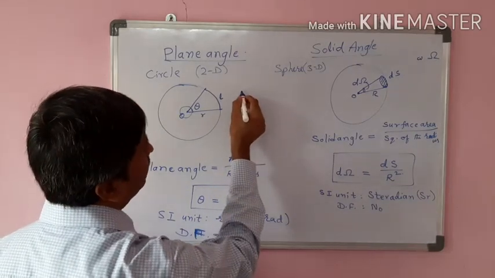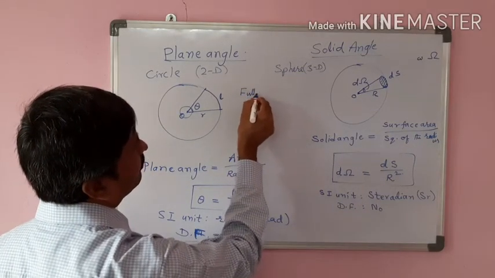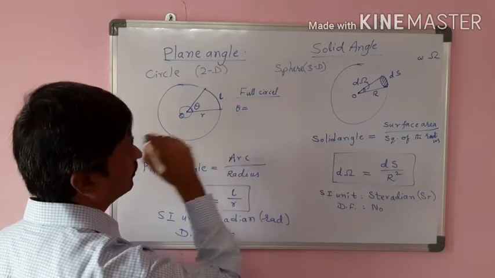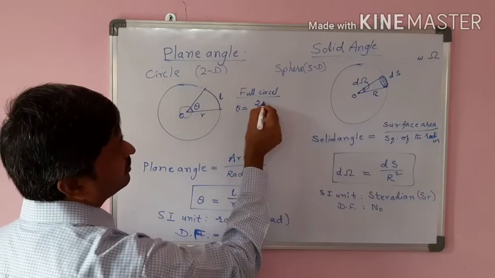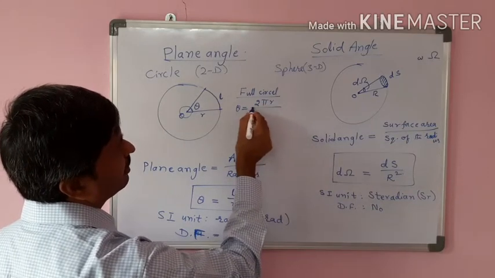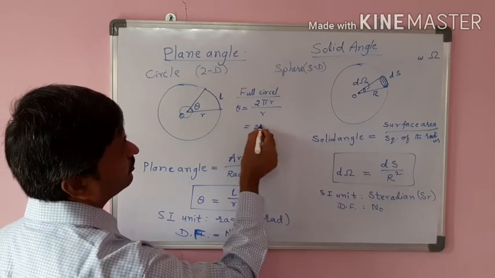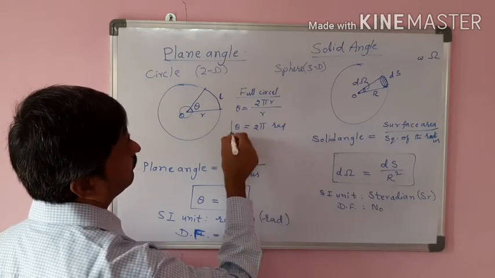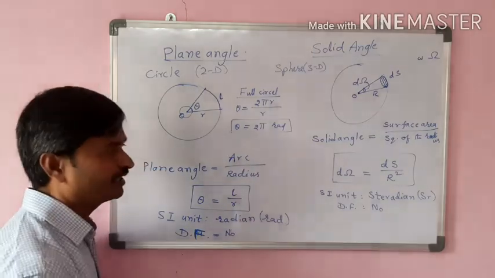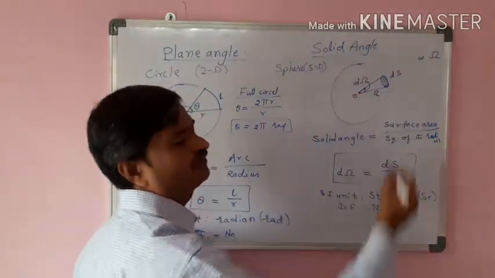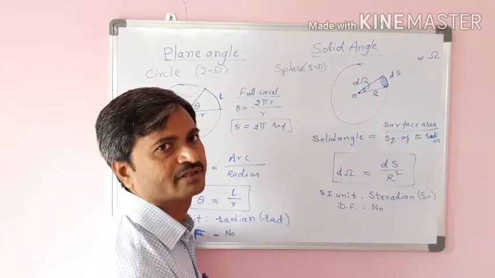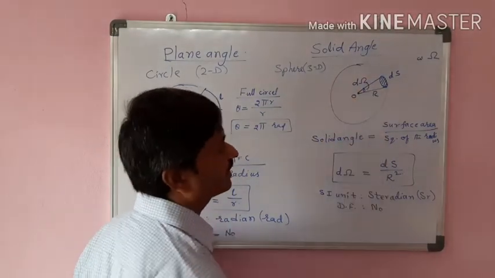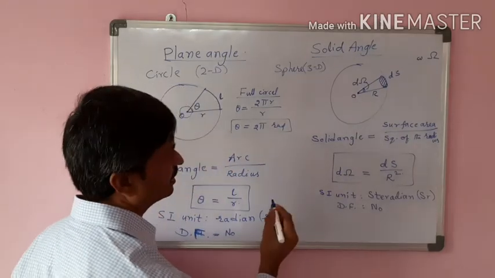So for a full circle, the angle made is equal to circumference 2 pi r by radius r, that is equal to 2 pi radians. Similarly, for the full sphere, we will take the surface area of the full sphere and calculate the total solid angle inside.